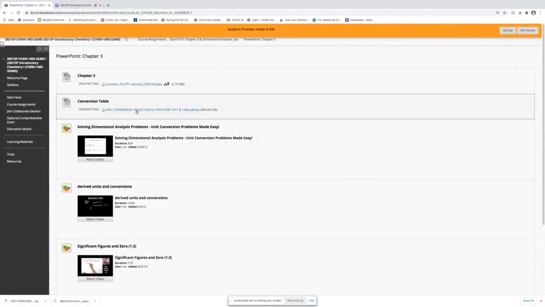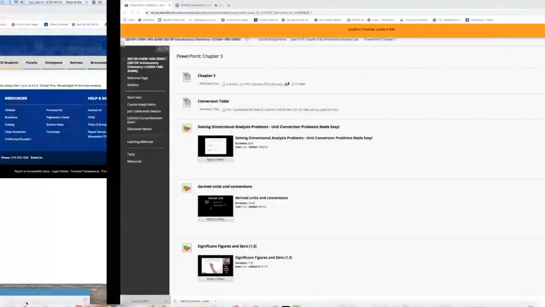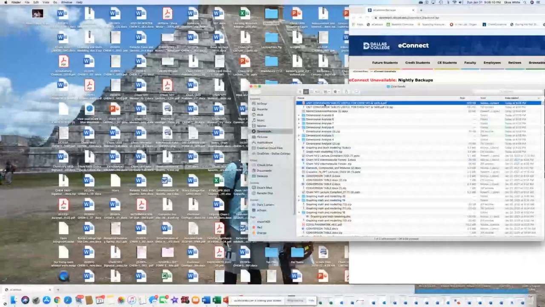In the lecture, I told you that it's good for you to download this and print it out. So I would say download the conversion table, that one. Download the metric conversion. That will help you in your conversions. For right now, I just need the metric conversion, so I'm going to open that. Then, like you're doing, you can take a screenshot, but it's all available to you later on.